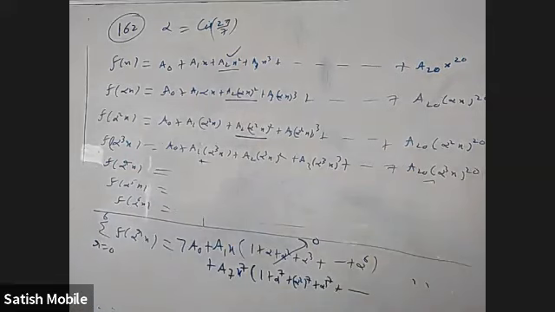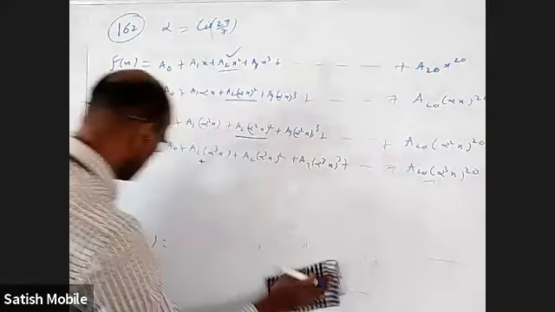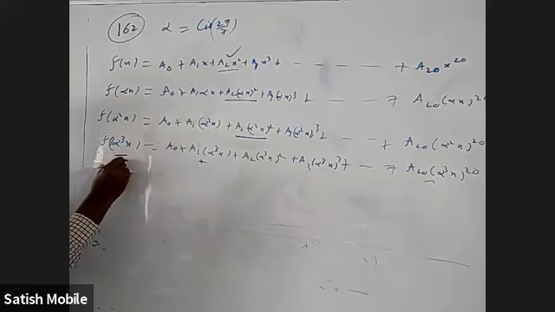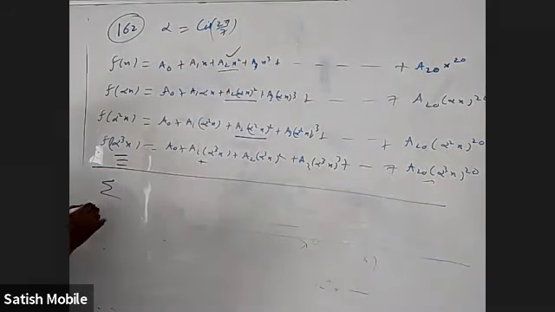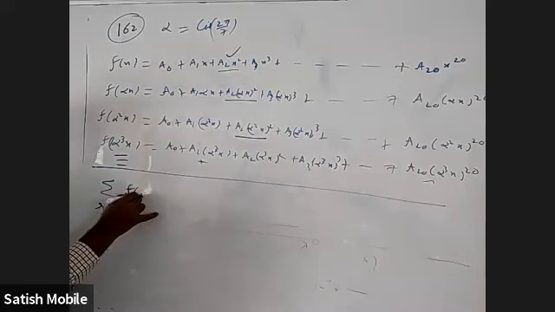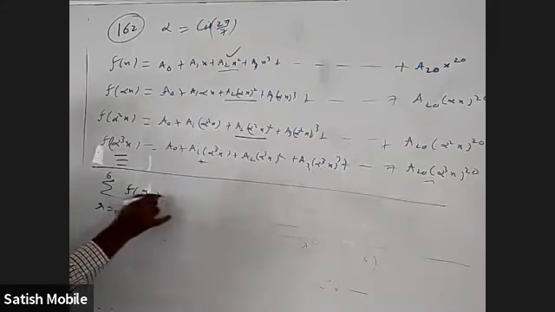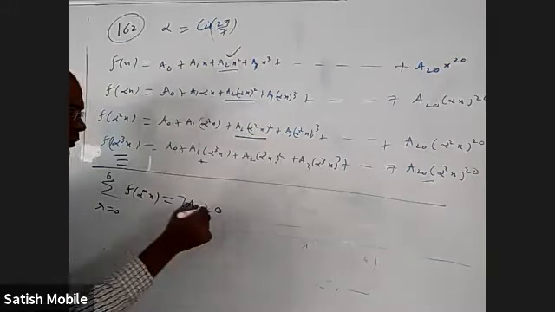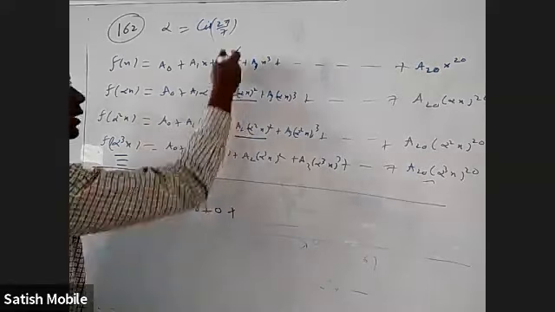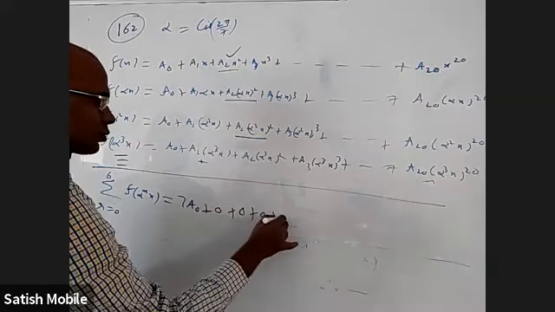Okay. I don't have place, so I'm writing here. So I should take the next three things, alpha power 4, alpha power 5, alpha power 6, and add them. Then that is my question, sigma r equal to 0 to 6, f of alpha power r x. A naught, when you add, you'll get 7 a naught. Please understand, when I add all these things, 0 will come. Why 0? I explained, but I erased it. All these things, it is 0, 0, 0.